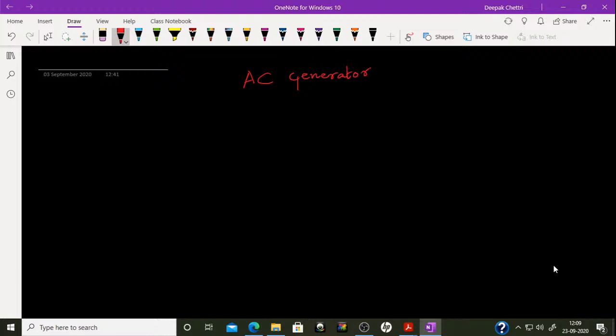To produce AC current, as I discussed in the video lectures that I uploaded on YouTube, we need an AC generator, right? So what is an AC generator?